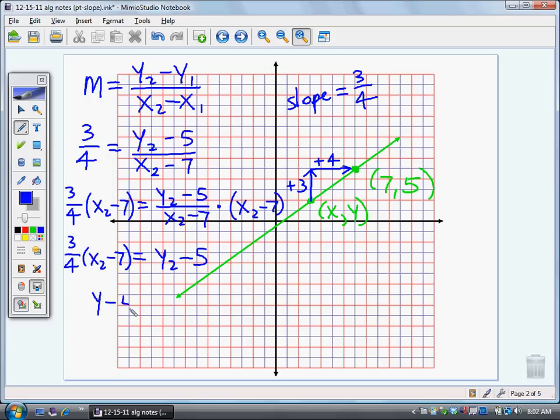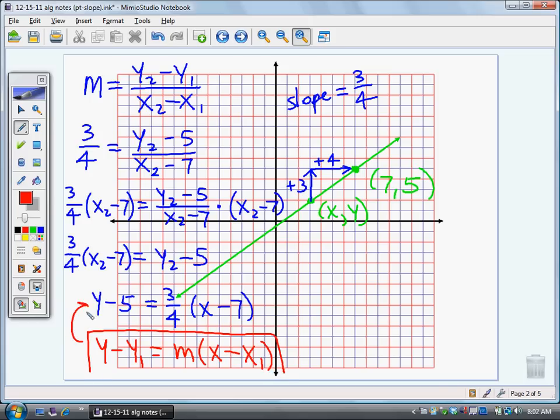When I get rid of my subscripts, I'll have y minus 5 is equal to 3/4 multiplied by x minus 7. And then what you should notice is that's point-slope form, which is y minus y sub 1 equals m multiplied by the quantity of x minus x sub 1. That's point-slope form. And you can see right above it, that's what that is, with the (7, 5) in place of x sub 1 and y sub 1, and 3/4 in place of m.